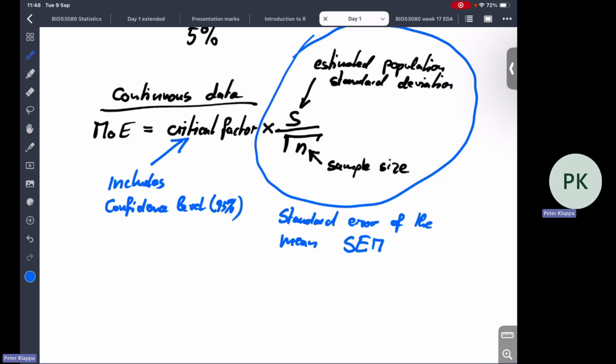This factor also includes a little bit the sample size. And to top it all, it includes information about the population, how the population looks like.